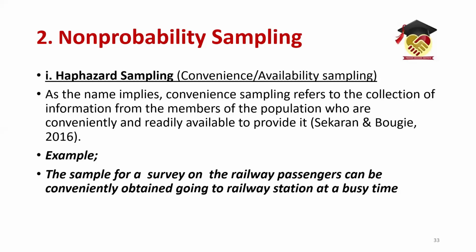Remember, qualitative means you are investigating a particular situation, not the generalization. Okay, under the non-probability sampling, haphazard sampling means convenience or availability. So for example, I want to investigate the railway passengers. I have a very big station near, that is Ragama station.